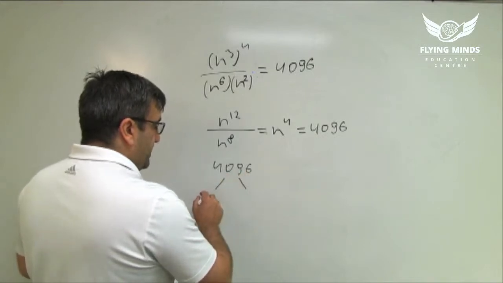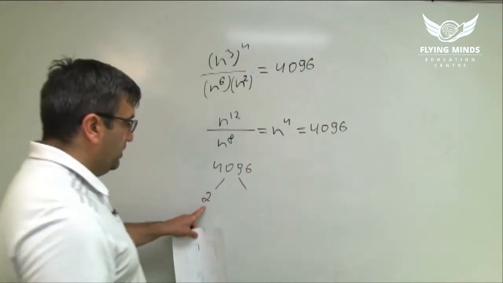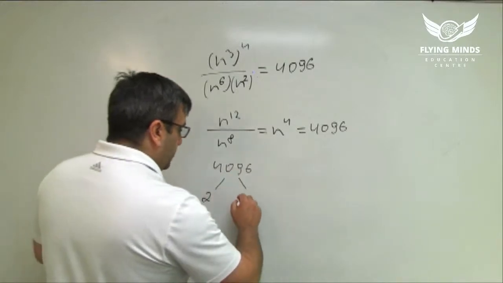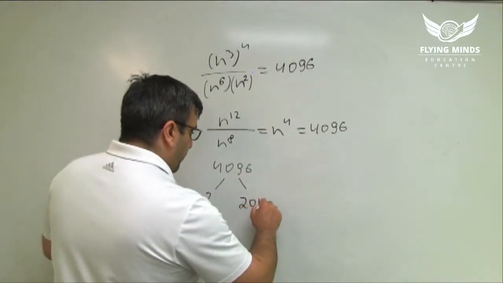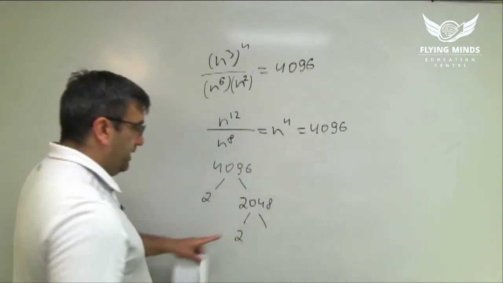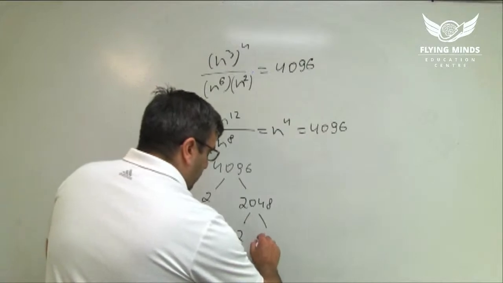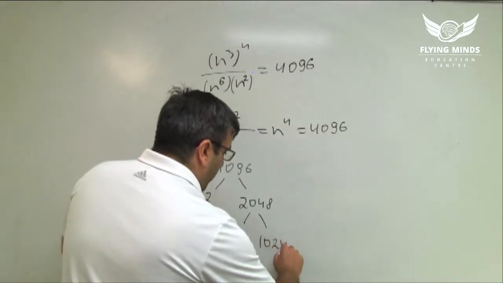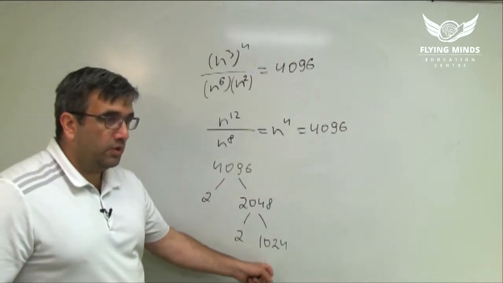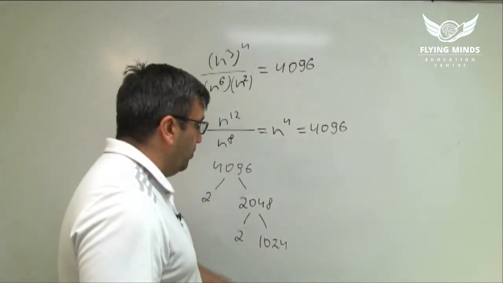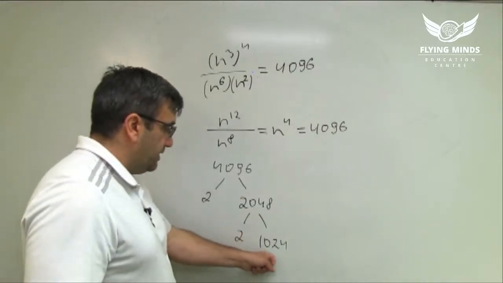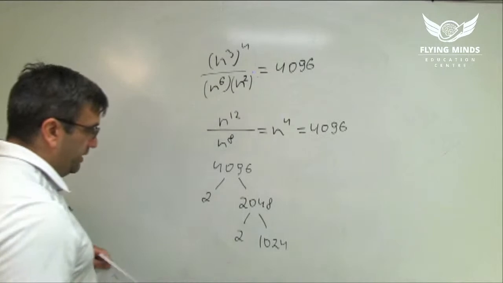So this is an even number, so it's 2. And then 4,096 divided by 2 will be 2,048, right? And then divided by 2 is 1,024. Okay, this number is well known, especially for those of you who are interested in programming, right? This is how many bytes in 1 kilobyte.